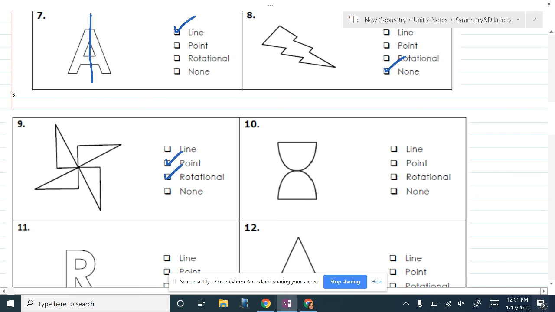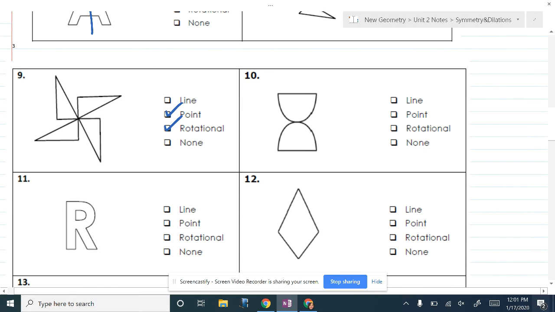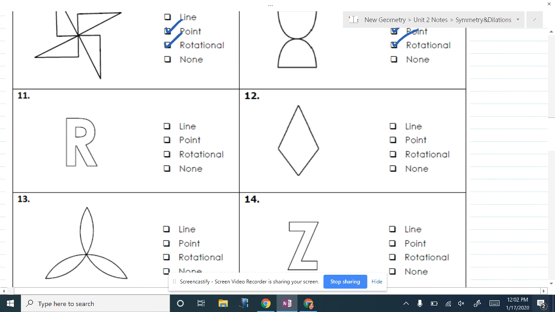Number 10. Number 10 does have line symmetry. There's a couple places I can draw lines and it looks the same on both sides. It does look the same upside down, so it has point symmetry. Also, since it has point symmetry, we know it has rotational symmetry. Number 11, capital R, does not have line symmetry or rotational or point, so it is none of those.